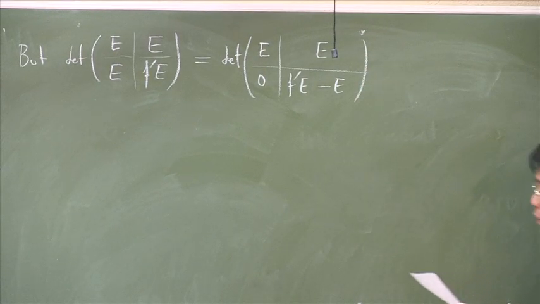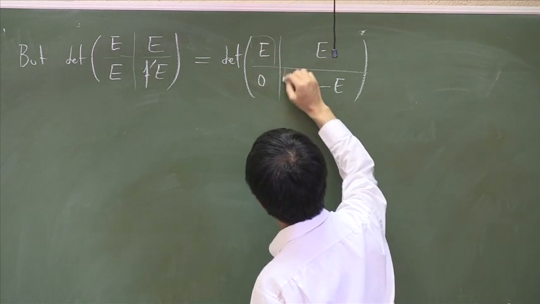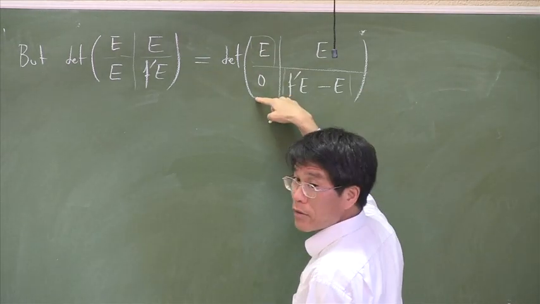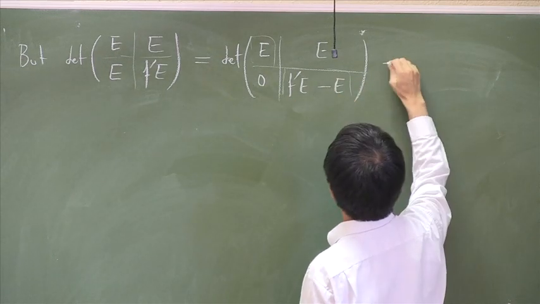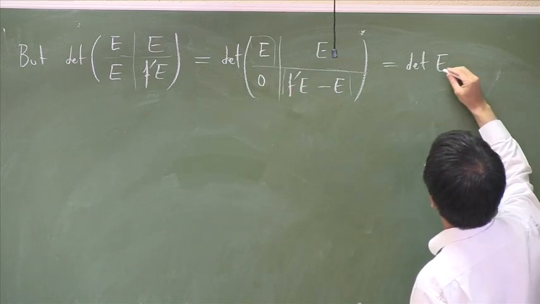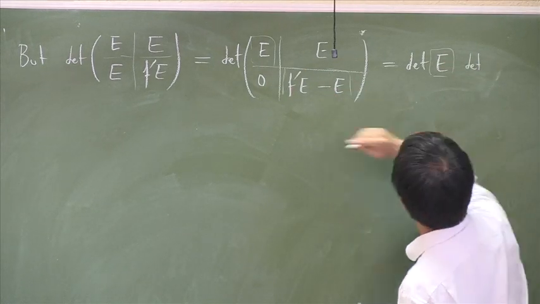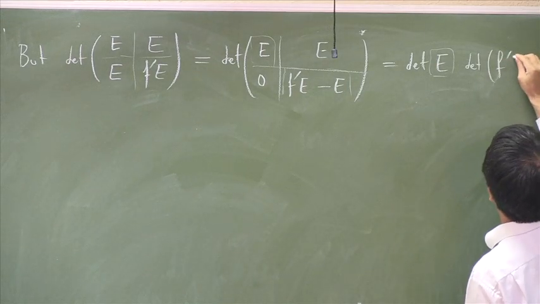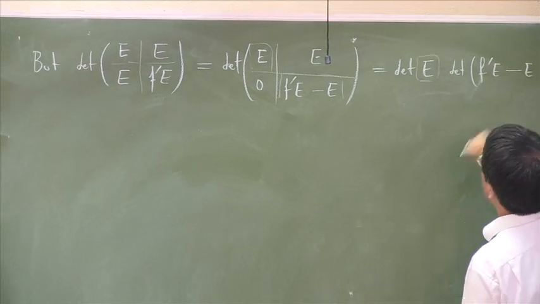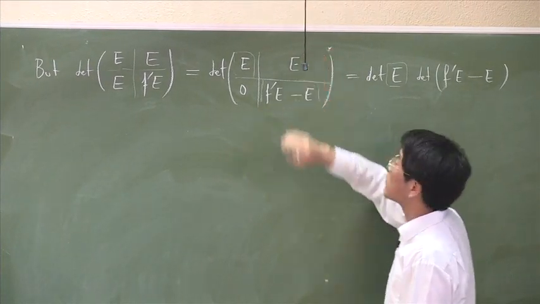Okay. But now, please remember that this is a box, m by m, and this is m by m, and that's a big 0. So if you calculate the determinant of this, it is simply equal to the determinant of e, which corresponds to that, times the determinant of this box. It doesn't matter what this is.